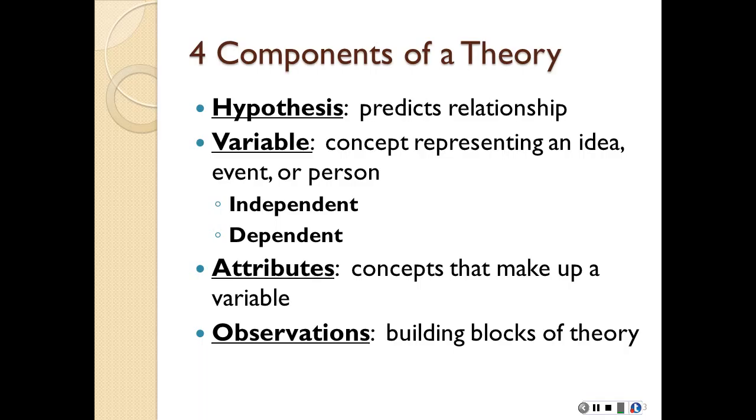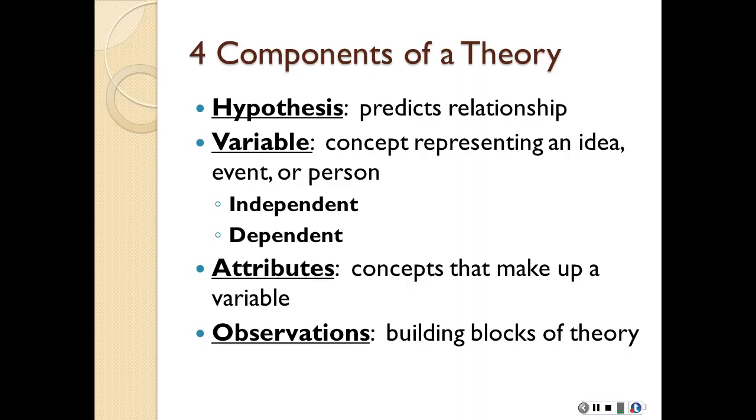All right. Attributes are the concepts that make up a variable. Regardless of whether it's an independent variable or a dependent variable, it's a concept, right? And a concept is literally a mental image that symbolizes an idea or an object or an event or a person. But then there are several concepts that make up your variable.